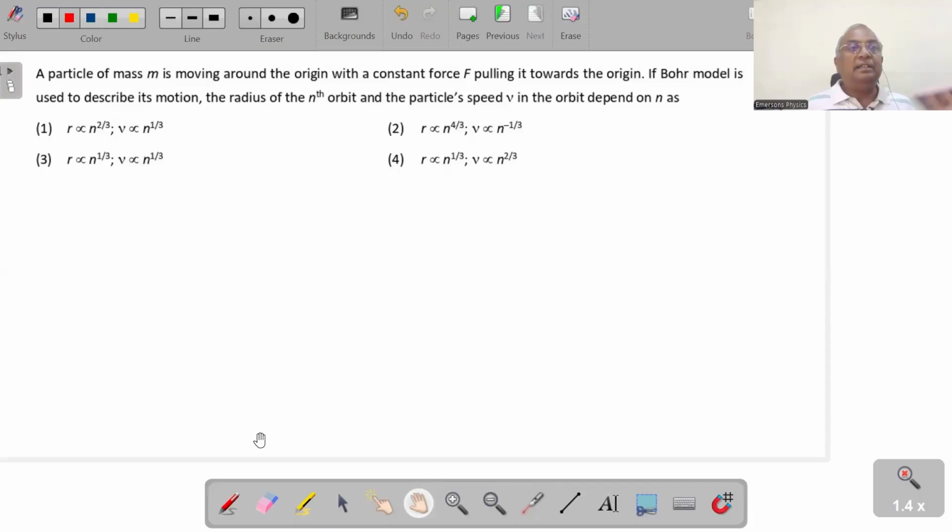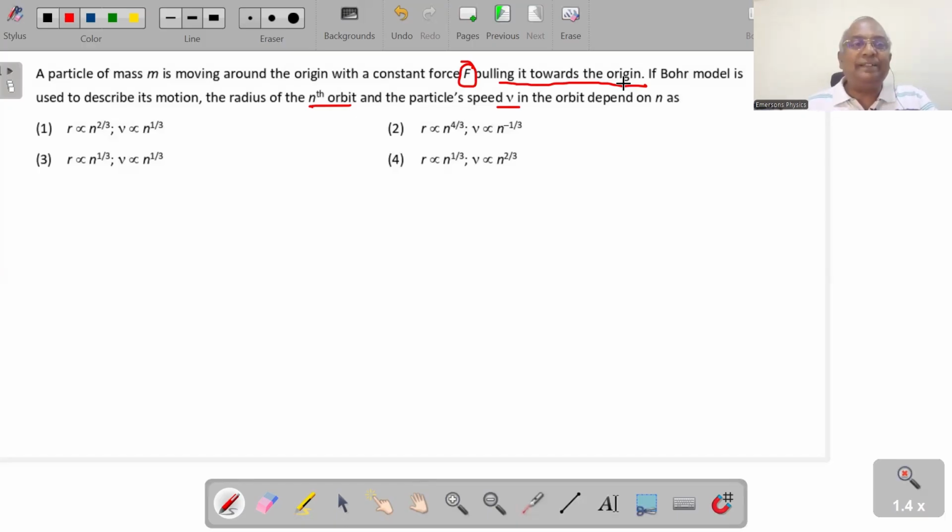Okay, from the easy question. A particle of mass m is moving around the origin with a constant force pulling towards the origin. It is given very clearly, this is centripetal force. The Bohr model is used to describe the motion. Explaining with the Bohr model, what is the relation between the radius of the nth orbit and the speed of the particle in the nth orbit? Let us see how to solve this question.